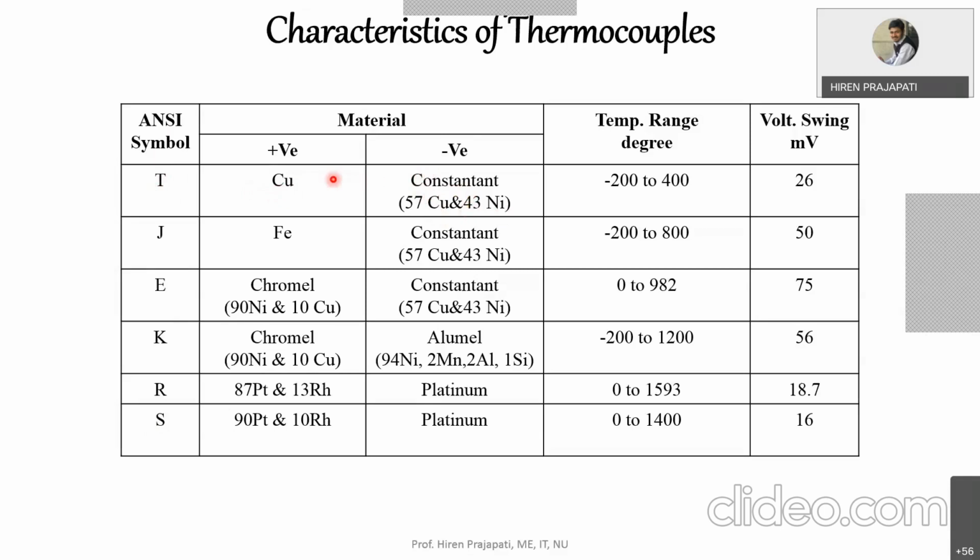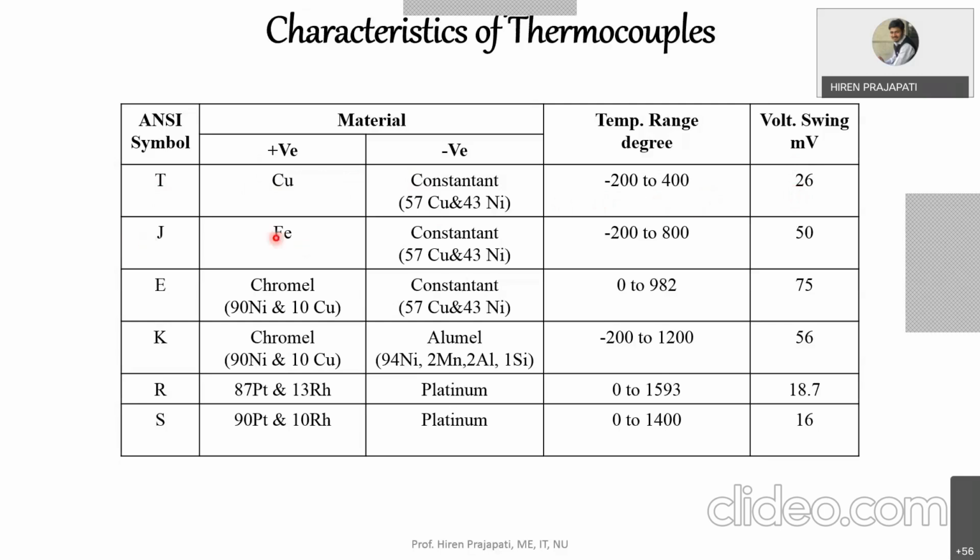So the combination of these two materials forms the T-type thermocouple. The temperature measuring range is from minus 200 degrees Celsius to 400, and the voltage swing is 26 millivolt for this range of temperature, right?